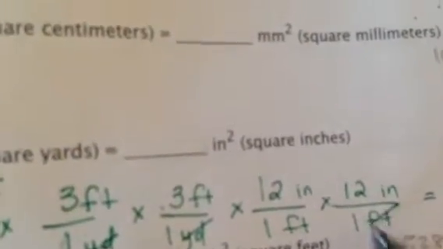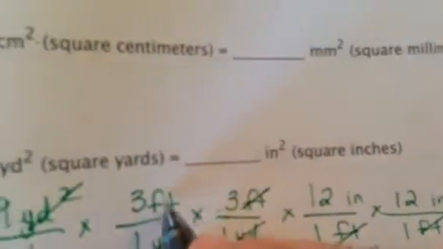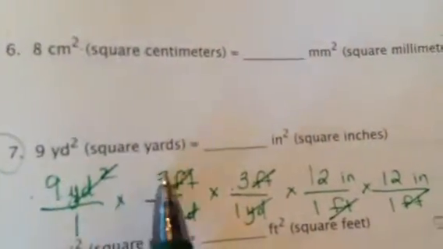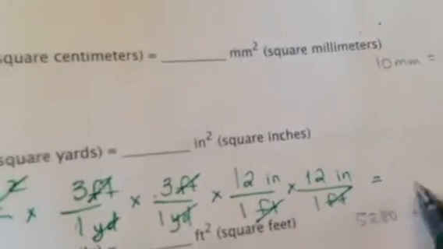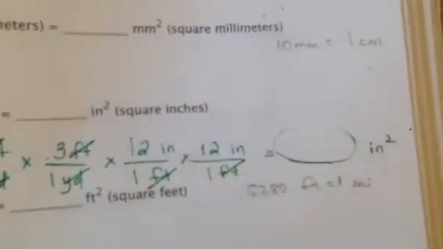Okay, so you can see that these 2 feet cancel with these 2 feet. So in your calculator, this is going to be a huge number, but you only have ones in the bottom, so who cares? But in your calculator, take 9 times 3 times 3 times 12 times 12 equals, you're going to get some huge number, and I'm not going to take time to crunch that in, inches squared. Okay, so that's how you do that. All right, so hopefully that'll be enough to get you started for lesson 29.